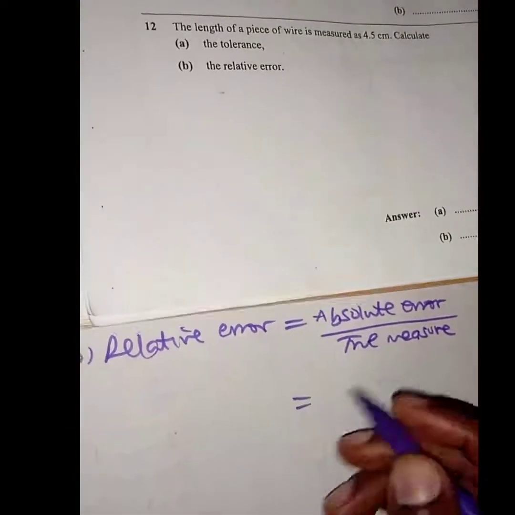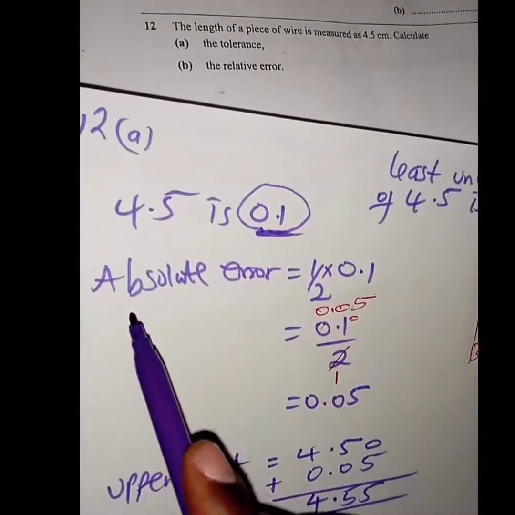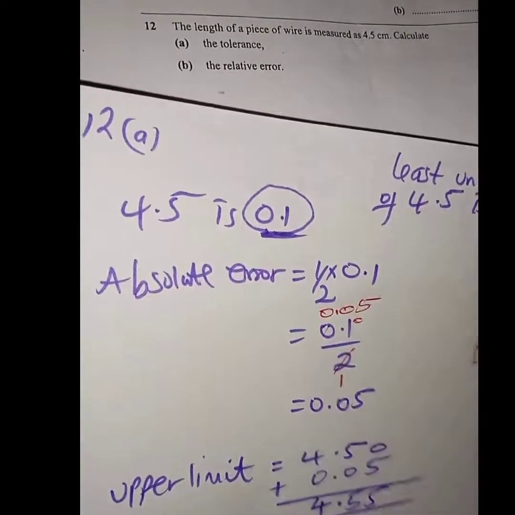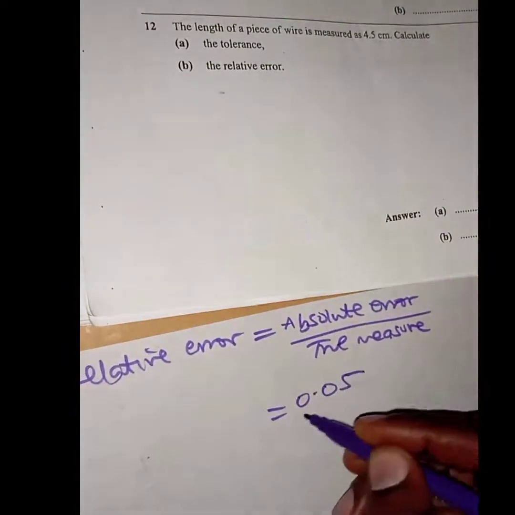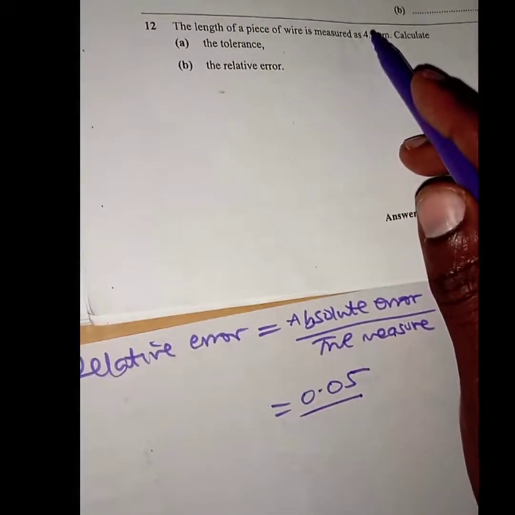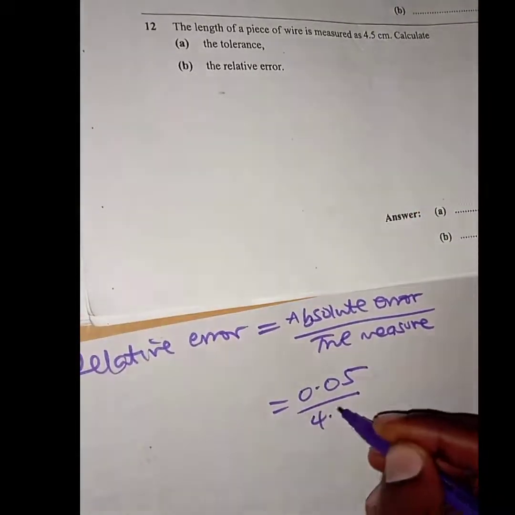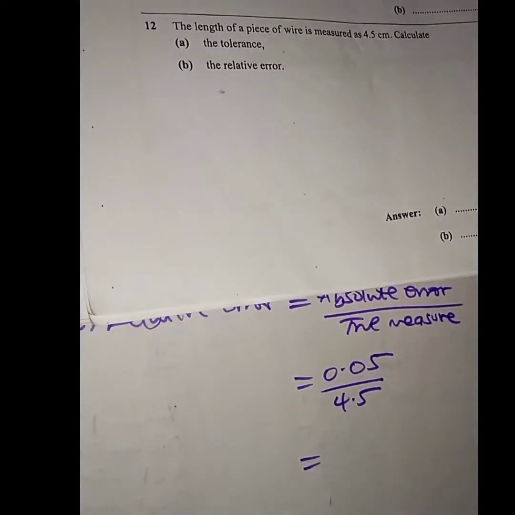So absolute error, remember we found it, absolute error was 0.05, over the true measure, which is 4.5 as given in the equation. So let us work out this one. So this is paper 1.